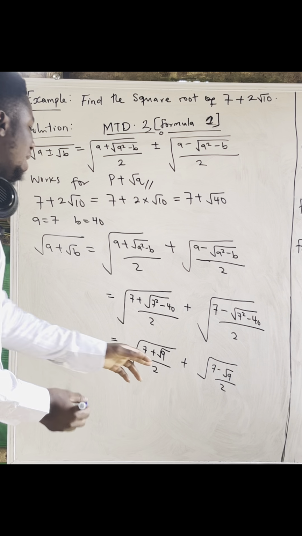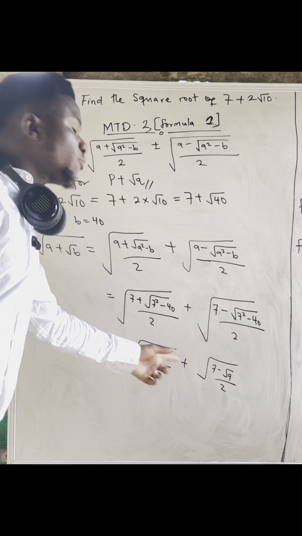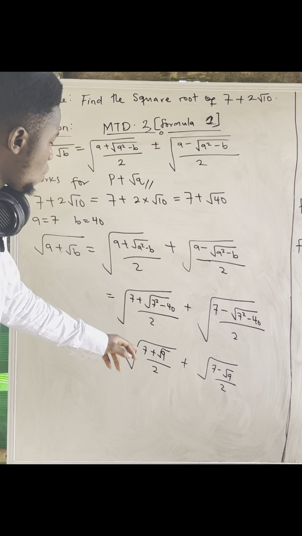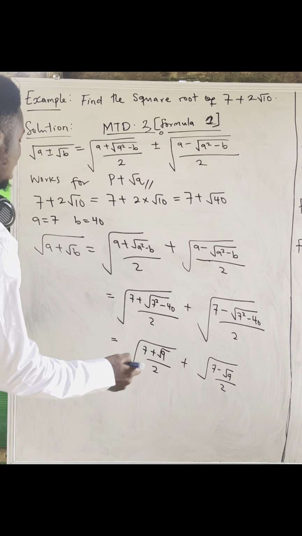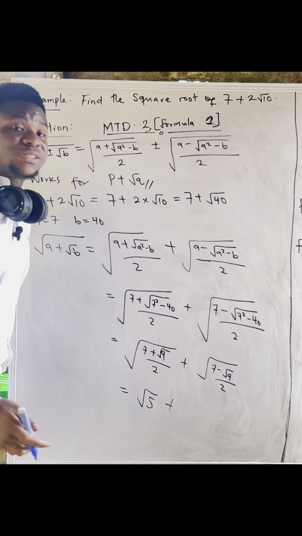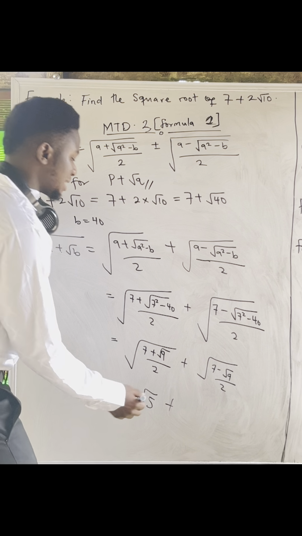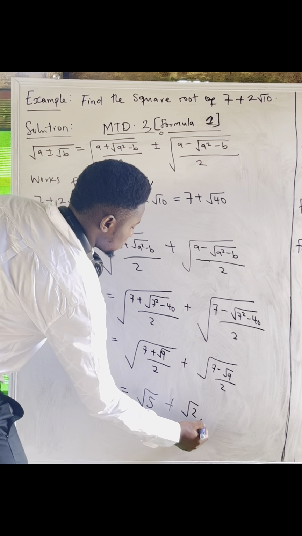Now, what is root 9? 3. Then what is 7 plus 3? That is 10. What is 10 divided by 2? That is 5. And that's equal to root 5 plus, what is root 9? 3. What is 7 minus 3? 4. What is 4 divided by 2? That is 2. So that is that, guys.